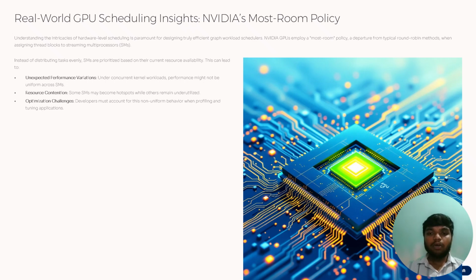NVIDIA's scheduling policy. NVIDIA is a GPU that is widely used in computers for CPU and GPU performance. It extends the power of the computer or the machine that we use to run the graphs.